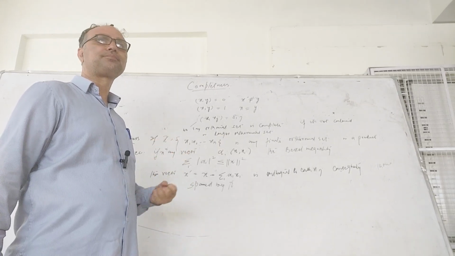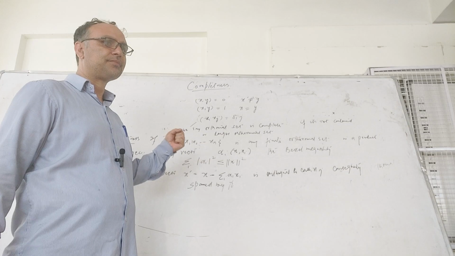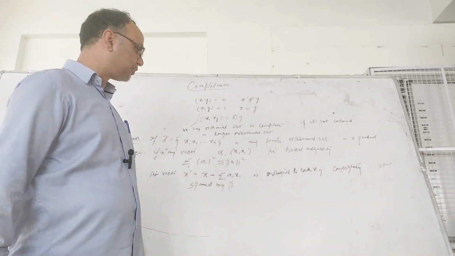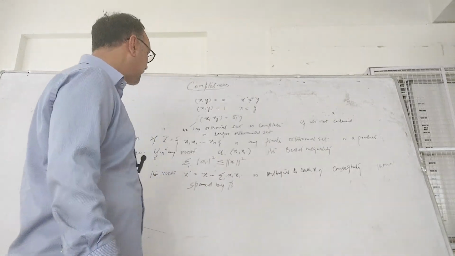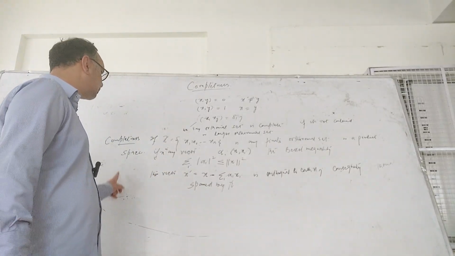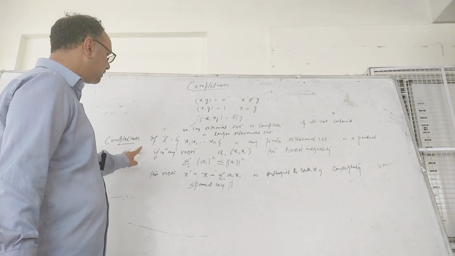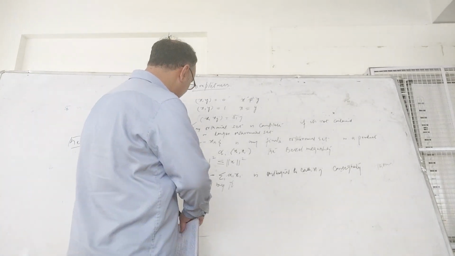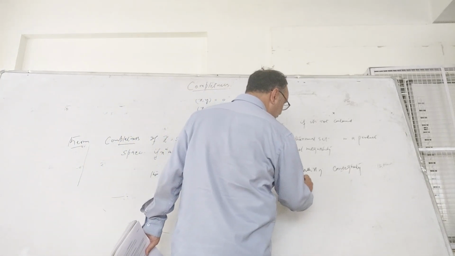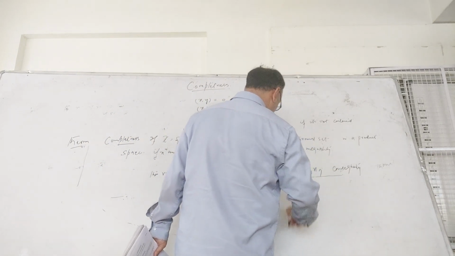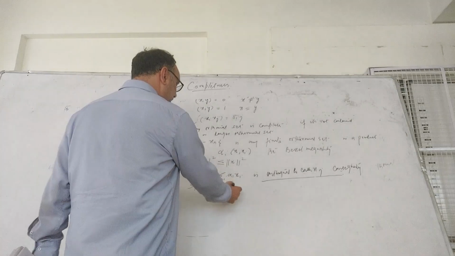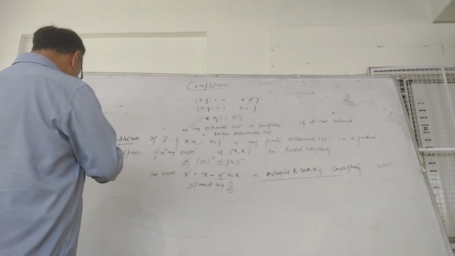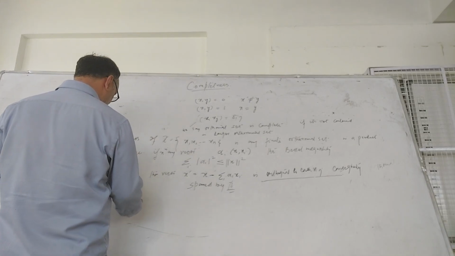If that is the case, then this vector should be orthogonal to xj, consequently spanned by them. So there should be an orthogonality condition for this to hold.